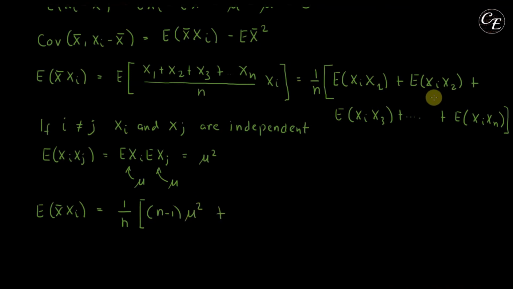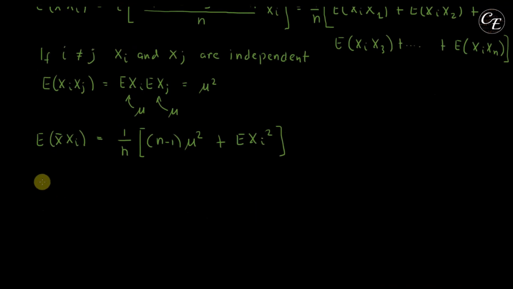Then what is left is when this x sub i in here is the same as the subscript in here. So we have expectation of x sub i squared. Now let us evaluate this expectation of x sub i squared. We know that the population variance of x sub i has a general formula, which is expectation of x sub i minus expectation of x sub i, squared.